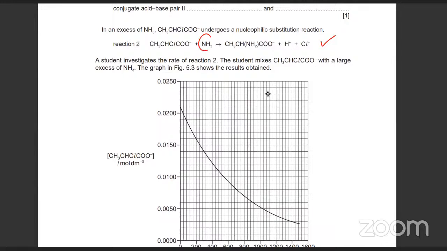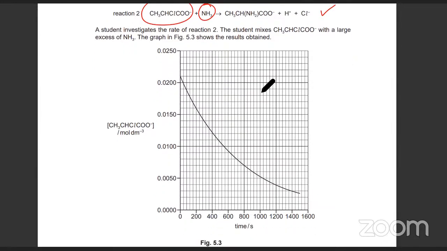So there are two reactants, this one and this one. And he says the student mixes CH3CO2- with a large excess of NH3. So NH3 is constant in this case. So I guess you can measure the half-life for this one. What is the half-life? That's the first half-life.